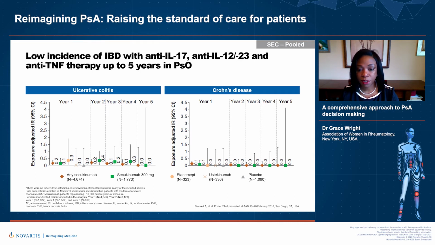The numbers are quite similar across the Crohn's disease population, with secukinumab having 0.1 for any dose, including the 300 milligram dose, and all of the other rates rounding down to 0 for the other agents as well over the course of 5 years.